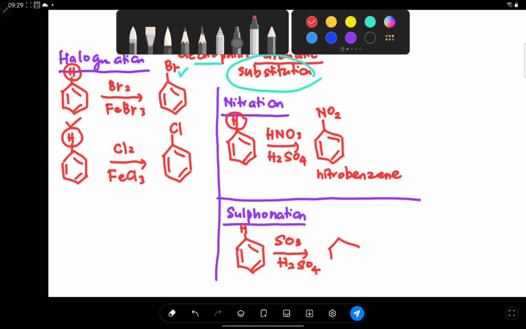So this hydrogen is substituted with SO3H, and it will produce benzene sulfonic acid.